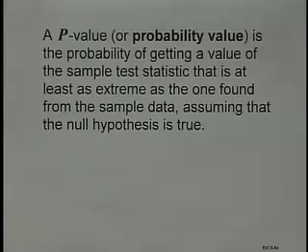Let's try some examples using the p-value method. Let us review the p-value definition because we want to try the p-value method on the same example. A p-value, or probability value, is the probability of getting a value of the sample test statistic that is at least as extreme as the one found from the sample data, assuming that the null hypothesis is true.